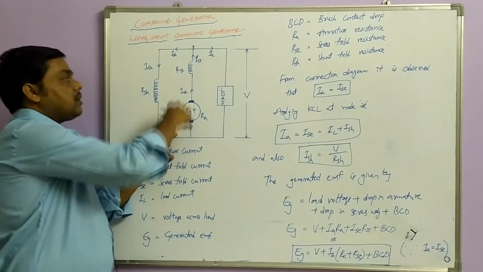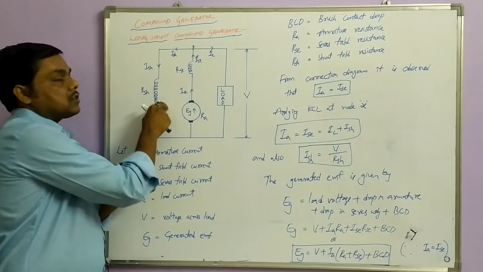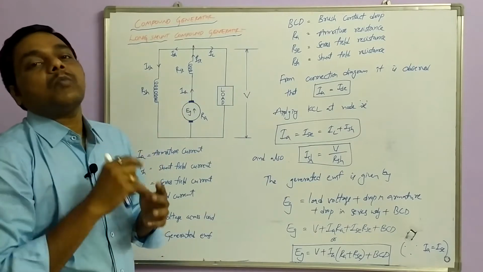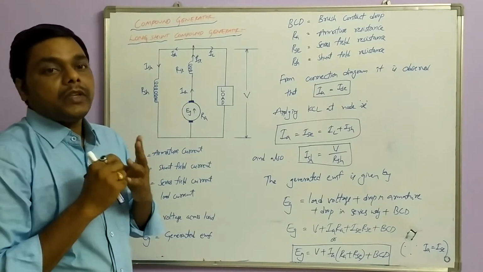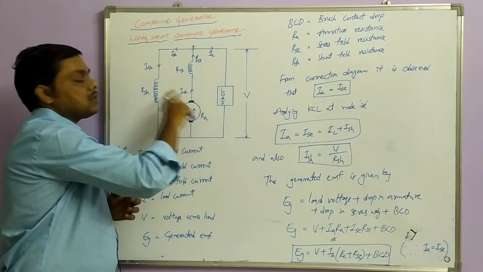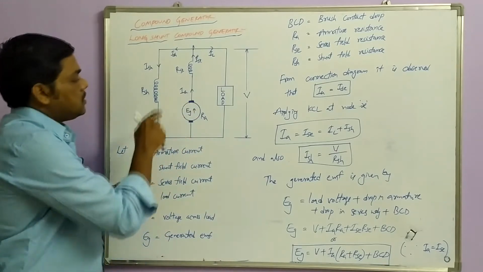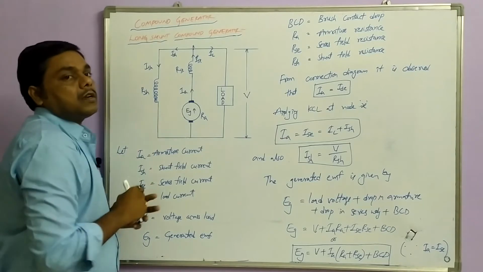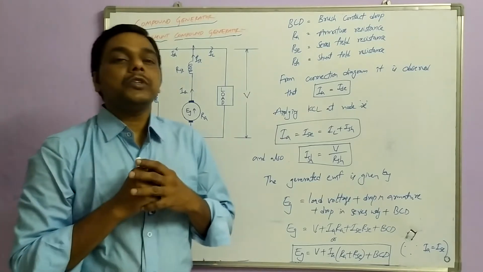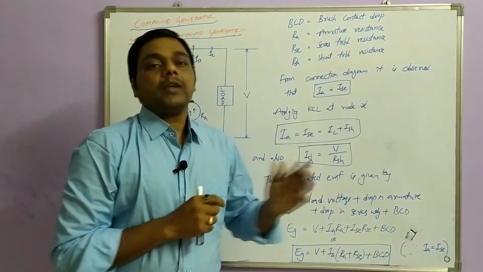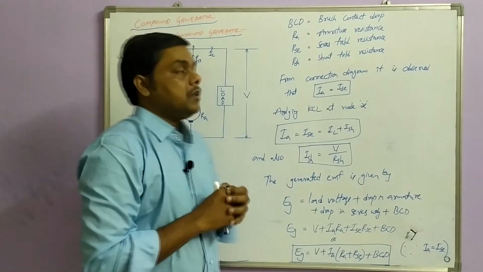That means it is connected along both, which is why it is called a long shunt compound generator. If it is short shunt, it is connected only across the armature. So the shunt connection makes the difference in compound generators, and the applications are also different.